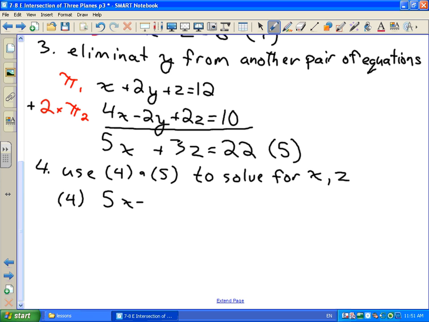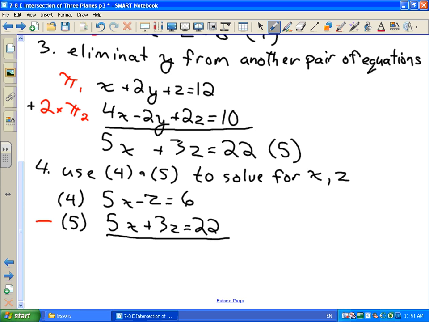So we'll just write this out here. We've got 5x minus z equals 6. Equation 5 is 5x plus 3z equals 22. And we're just going to subtract these two from each other, which is going to get us negative 4z is 16 minus 22 is negative 16, which tells us that z is going to equal 4.